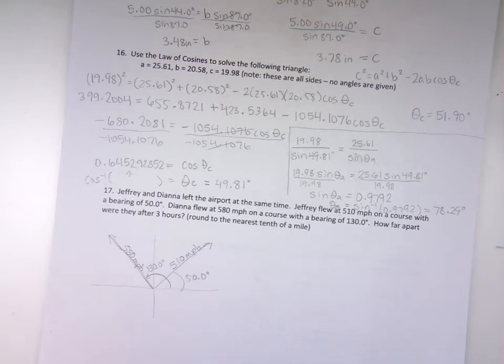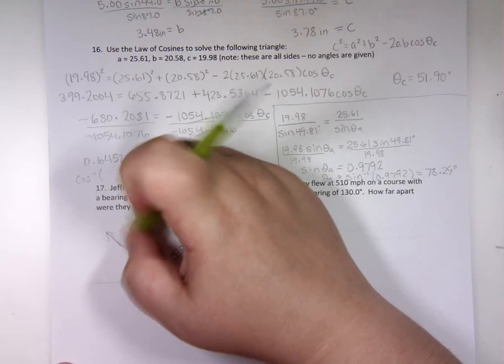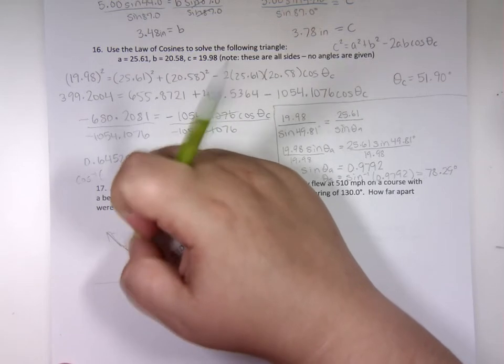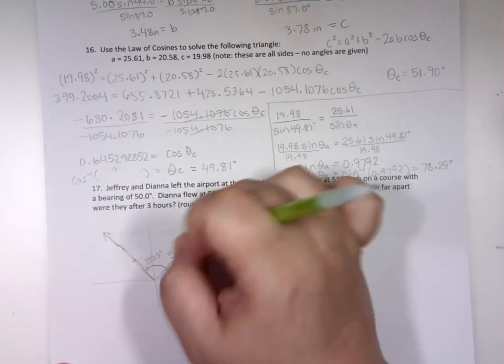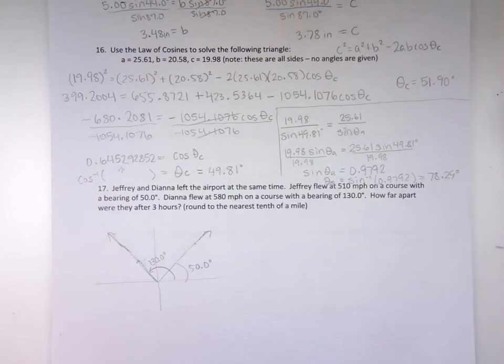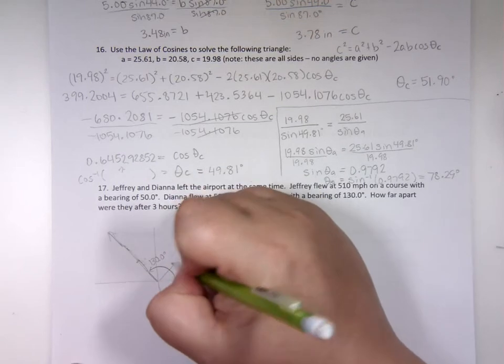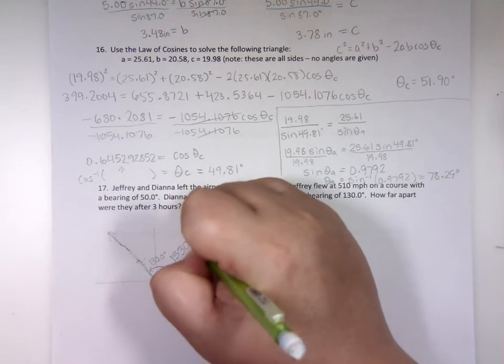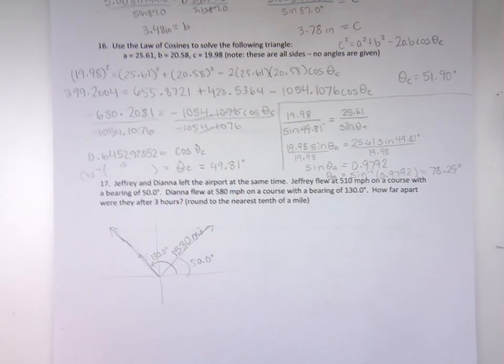So we can actually change our vectors. Instead of using miles per hour, which you may have been tempted to do at the beginning of the problem, we actually want a distance. So 510 miles per hour times 3 hours is going to give us 1,530 miles, which is how far Jeffrey flew.